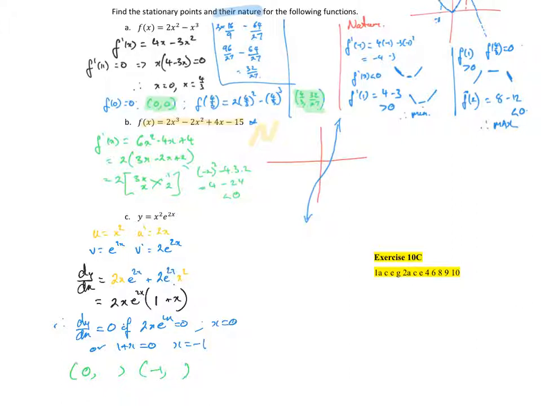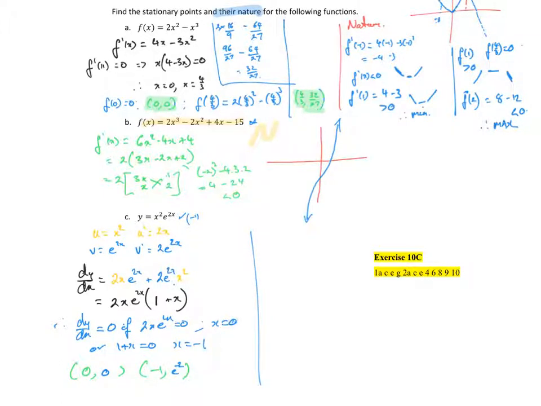Corresponding y values: if I put 0 into that equation, I get e to the 0 times 0, which is just 0. If I put negative 1 in there, I get negative 1 squared, which is 1, times e to the minus 2, which is just e to the negative 2. So they're the actual coordinates of my turning points.